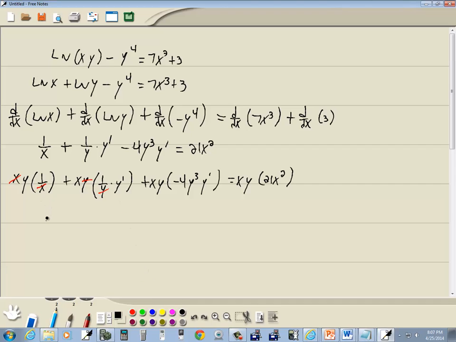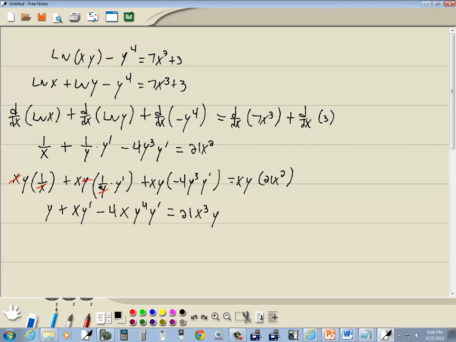So we're left with y plus xy prime. Positive times a negative is negative 4, and then we got an x. Y times y to the third is y to the fourth, and then we have a y prime. Equals 21. X times x squared is x to the third, y.